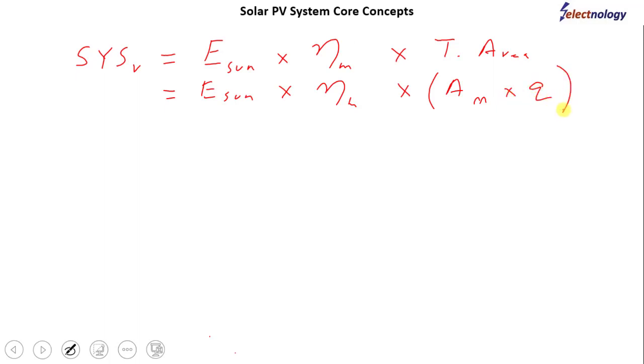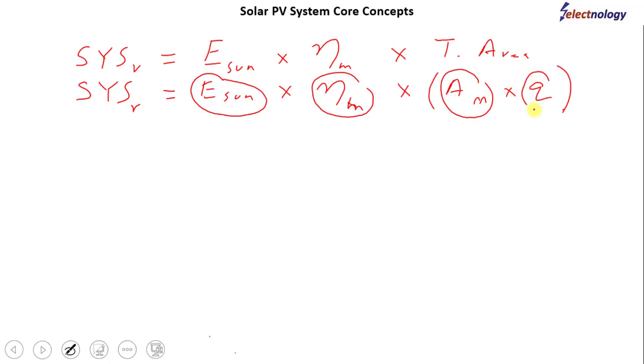All right, once again, this is system rating in kilowatts. E sun is the energy of the sun being received. We discussed 1000 watt per meter square. Efficiency is the efficiency specified by the manufacturer for one PV module, into area of one PV module into quantity of PV modules.